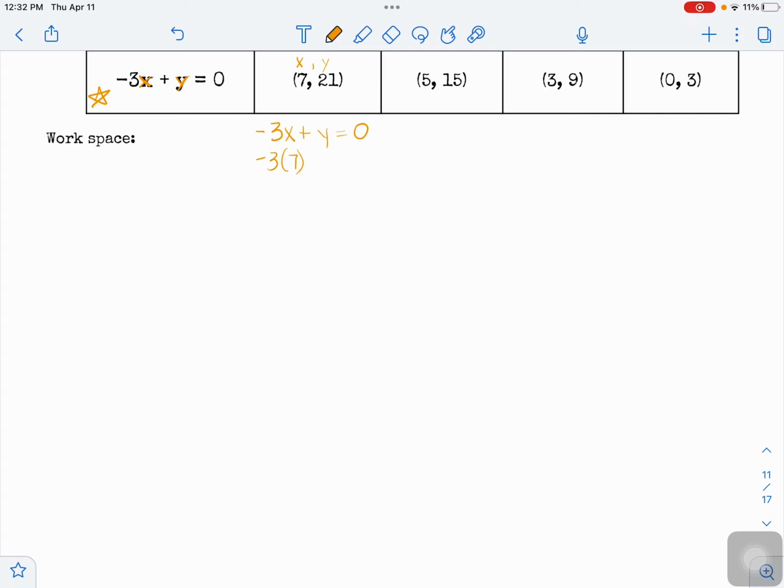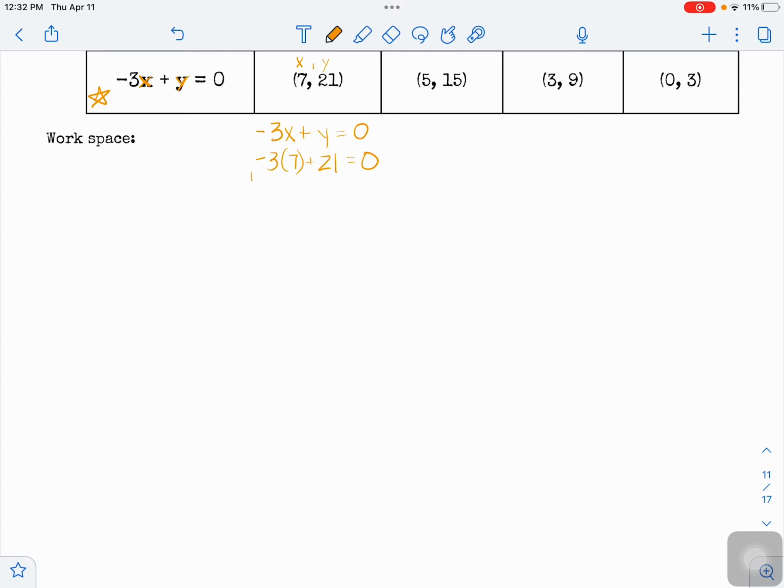I'm using parentheses for multiplication because I don't want to forget that I'm multiplying negative 3 times the x. So negative 3 times 7 plus 21 equals 0. What I've got to do over on the left side here is some PEMDAS work to see if this adds up to 0 as well.